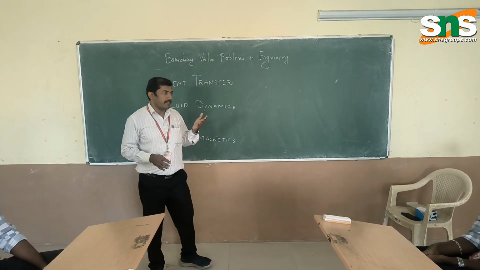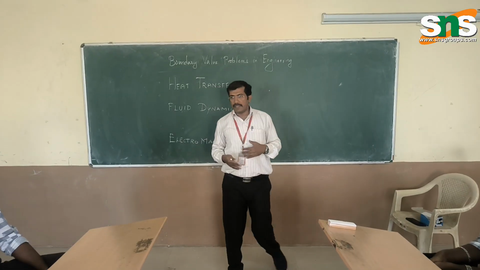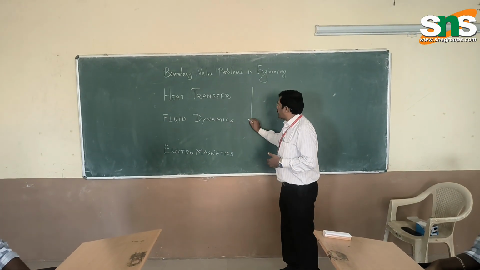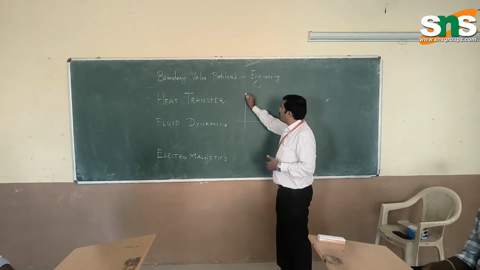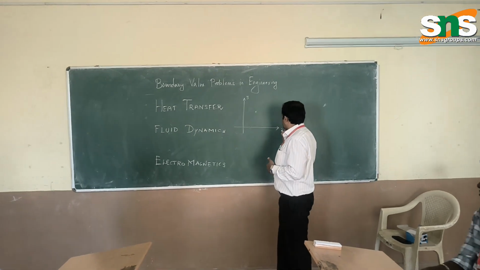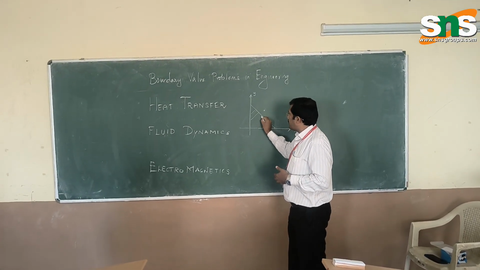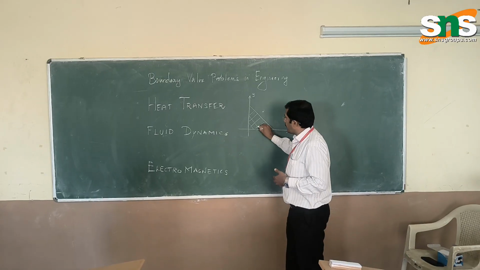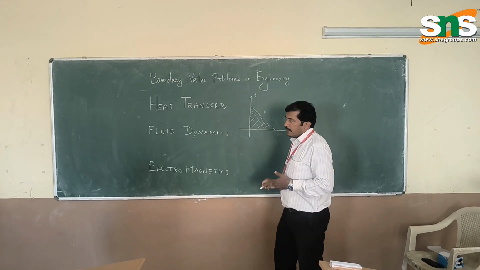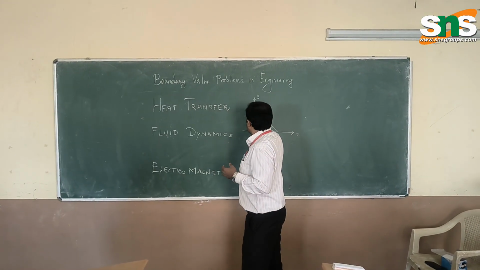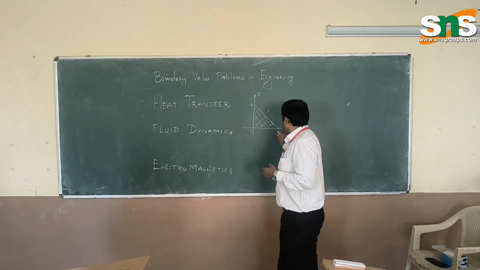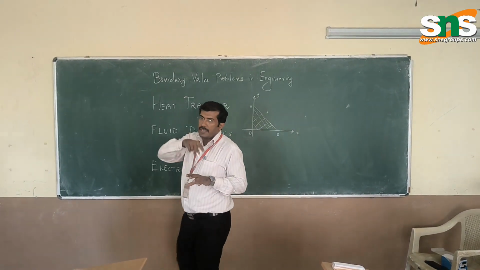For example, at school level or in your basic level, suppose I take a two-dimensional graph. In this graph, suppose you want to find the area of this region. Let us assume A, O, B is the boundary.